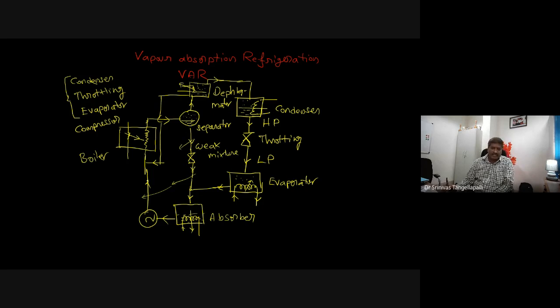So you can add some internal heat recovery with this weak solution. The weak solution is at relatively high temperature, and after pumping the temperature is 40-45 degrees centigrade. So there is a chance to recover the heat, same as in the steam power plant. The preheating of this liquid saves the boiler load, and you get the benefit of improving the COP.